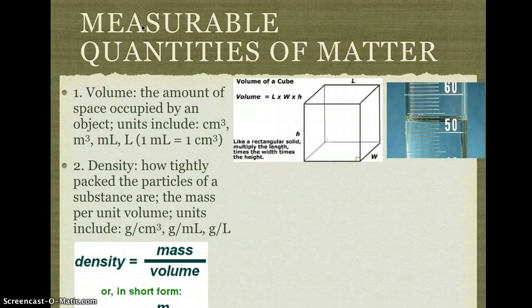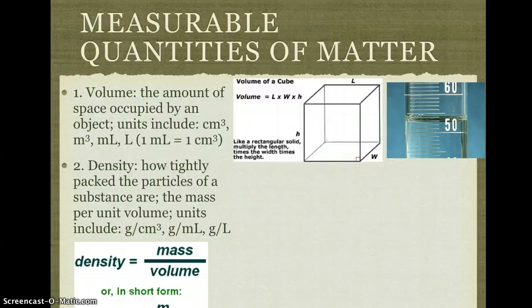If we look at that equation, we plug in units for mass and units for volume. The fundamental unit of mass is kilograms, but more often we use grams in a lab. The derived unit that we just learned for volume is either meters cubed, centimeters cubed, milliliters, or liters.